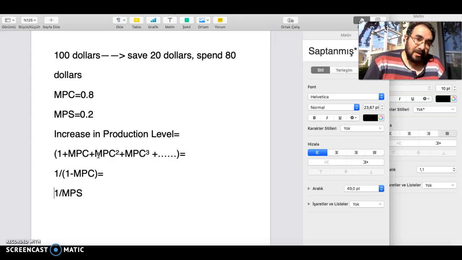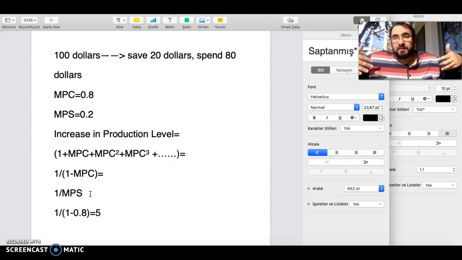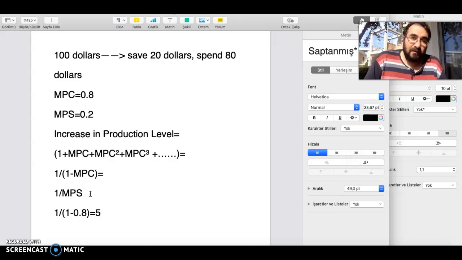So in that case, if we have MPC as 0.8, our initial spending will be multiplied by 5. So each spending will be multiplied by 5. So in that case, 5 will be our multiplier. Actually we could use MPS, but usually MPC, how much people spend, is seen as a more important variable.